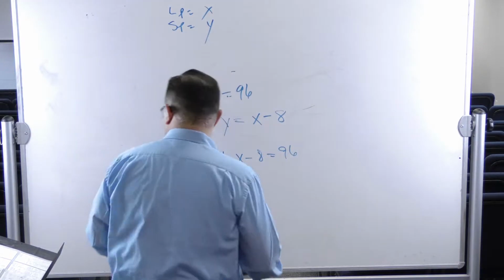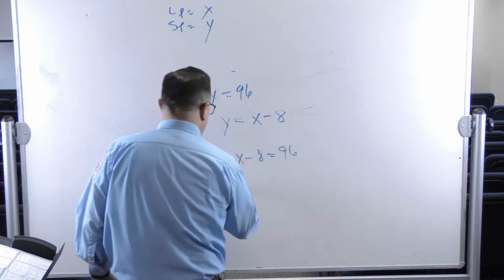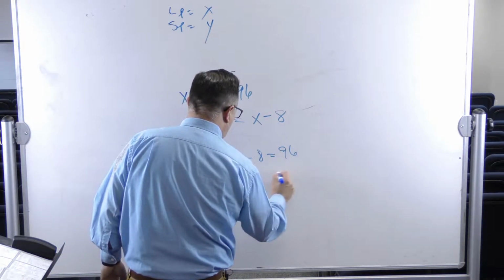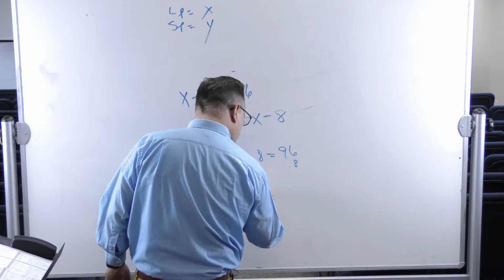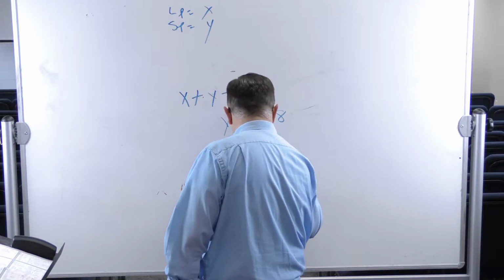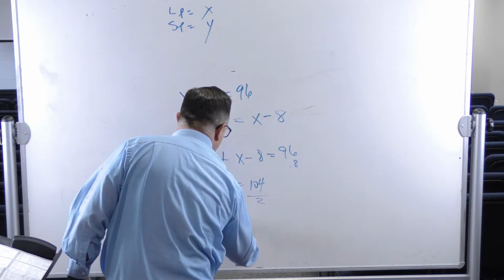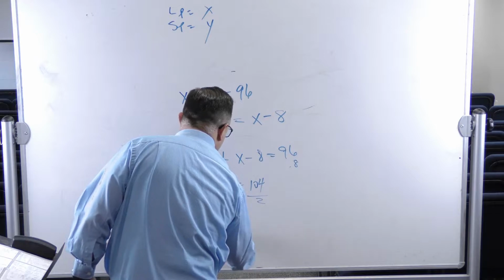Very easy, right? So now we have x plus x minus 8 equals 96. So now we have 2x equals 104. Sorry, my brain's fried. Divide by 2, x is going to equal 52.